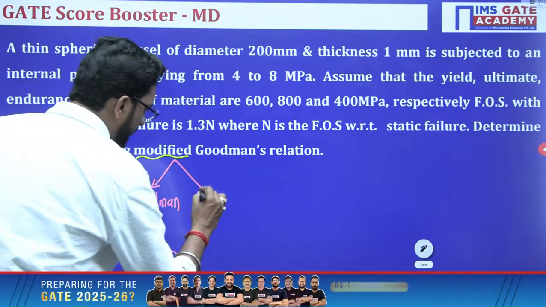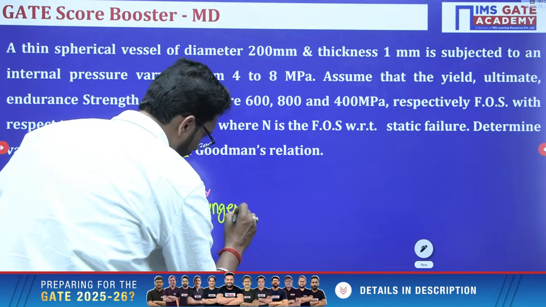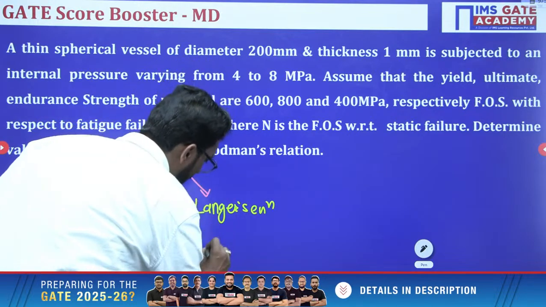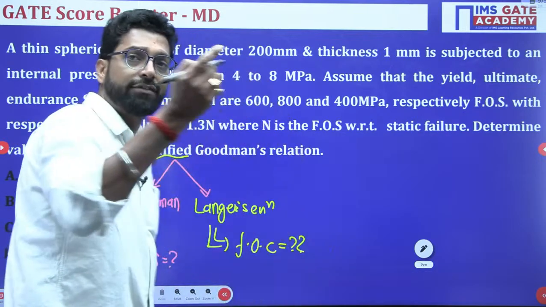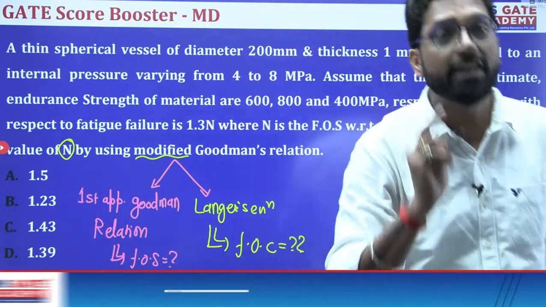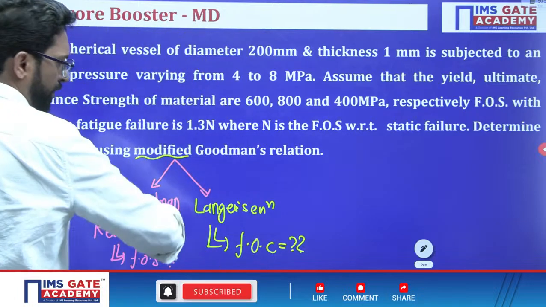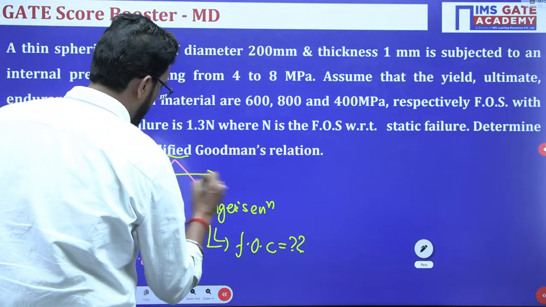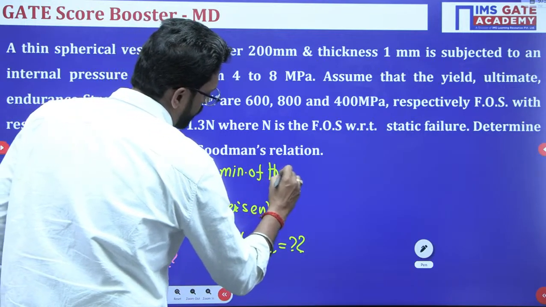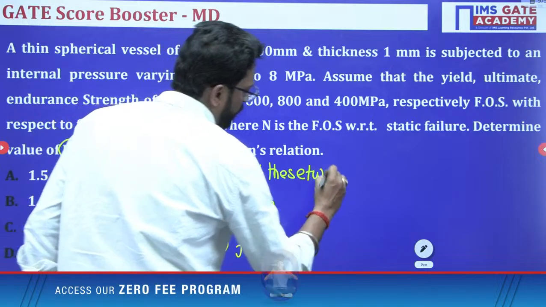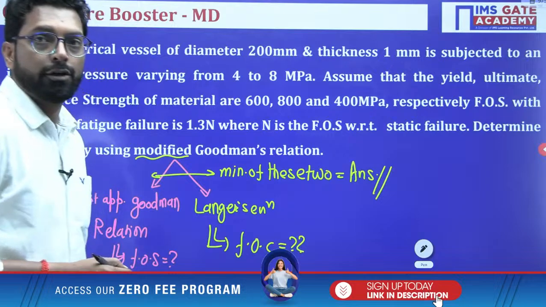Then apply Langer's equation and find the factor of safety. Whichever factor of safety is less, that is our answer. That means we always take the minimum of these two. So it is simple.